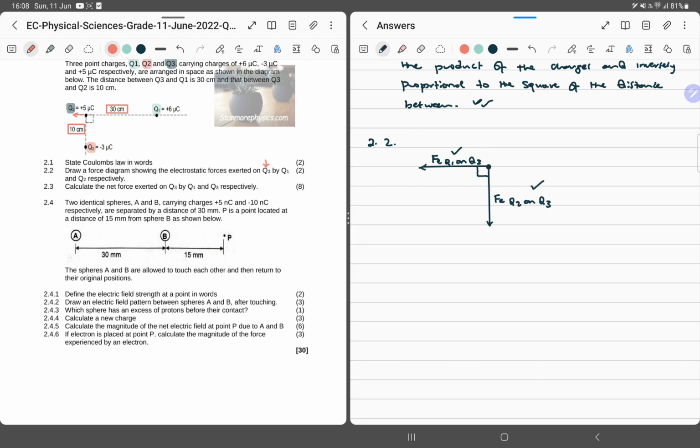Now it says calculate the net force exerted on Q3 by Q1 and Q2 respectively. Okay, so they're saying here there's a lot of work you need to do, and definitely there is. Now we need the magnitude of this force, and we also need the magnitude of that force, right?